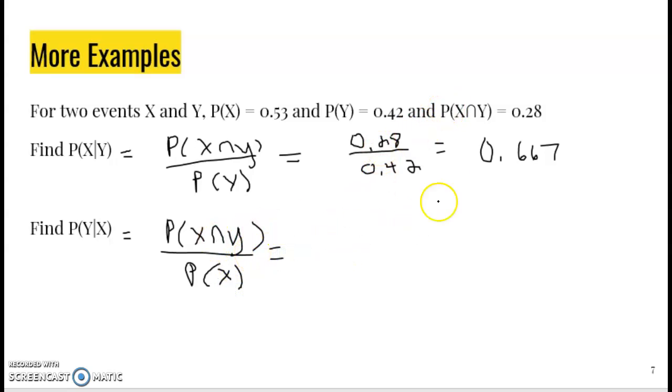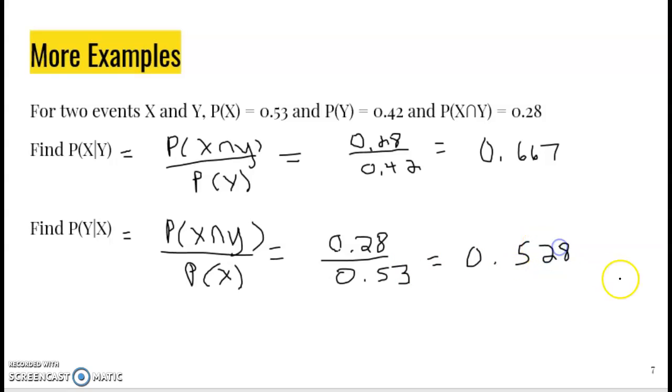The probability of X intersect Y again is 0.28, and the probability of X from our example is 0.53, so the simple division of those two is 0.528, rounding.